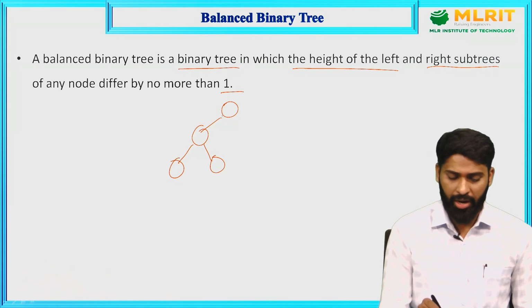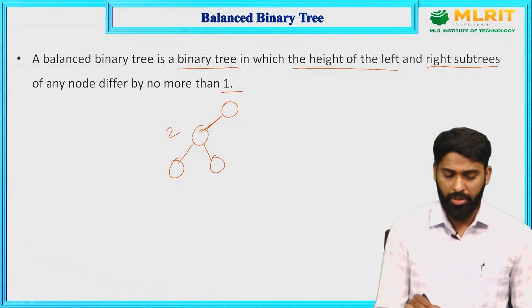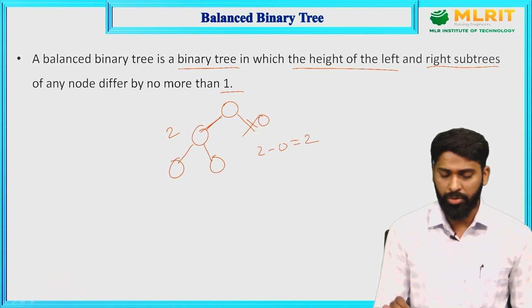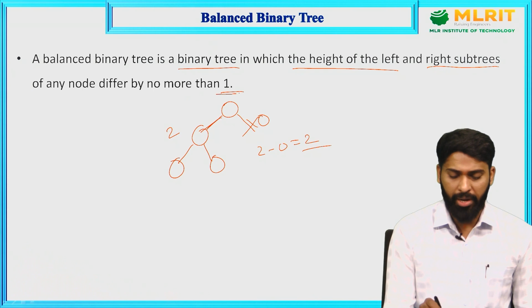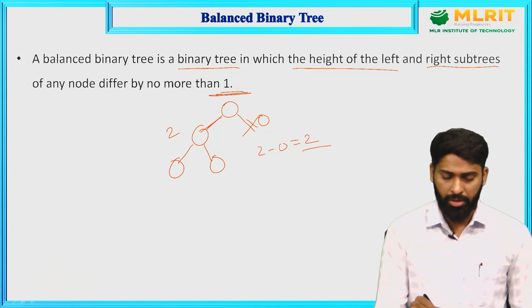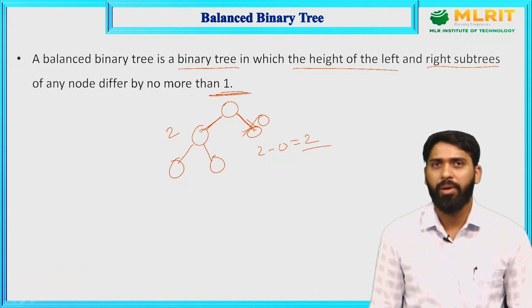Why? The height of the left subtree is 2. The height of the right subtree is 0. So, 2 minus 0 is 2. For it to be balanced, the difference must not be more than 1. So, if we insert a node here, then it is a balanced binary tree.